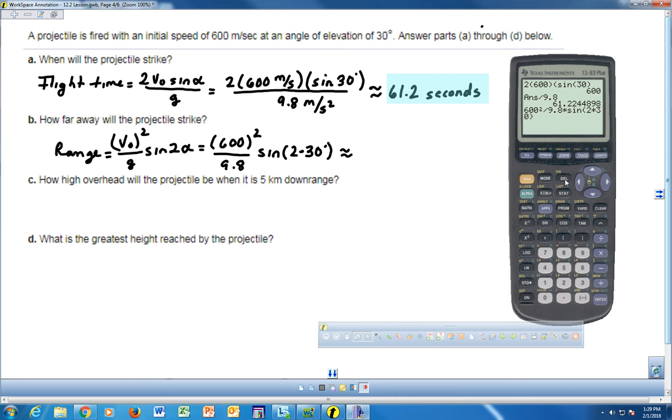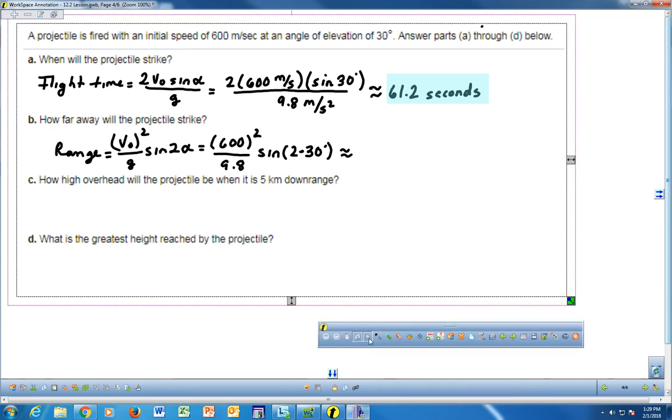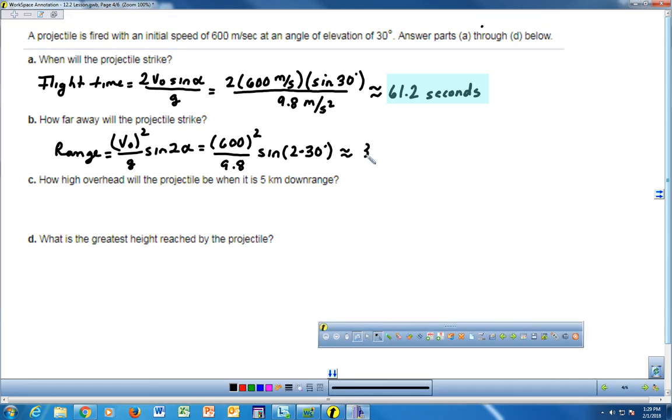Oh, I put an extra parenthesis, and that gives us approximately 31,813 meters. Okay, so it will strike the ground after it has covered this much horizontal distance.